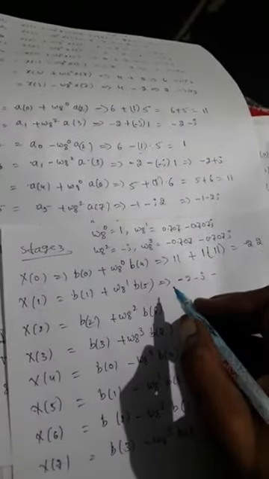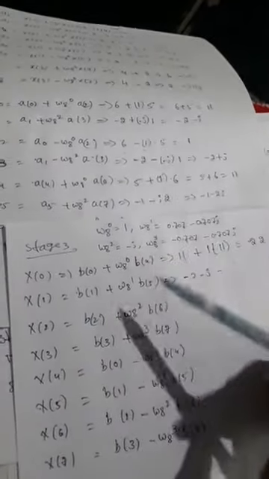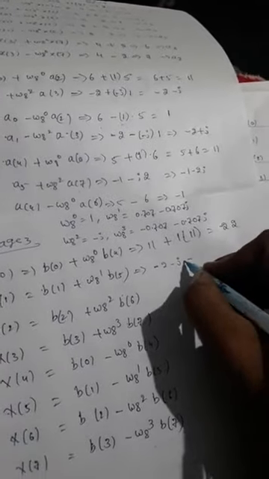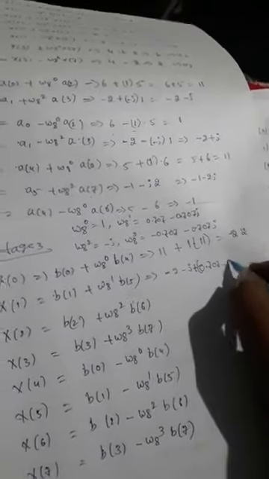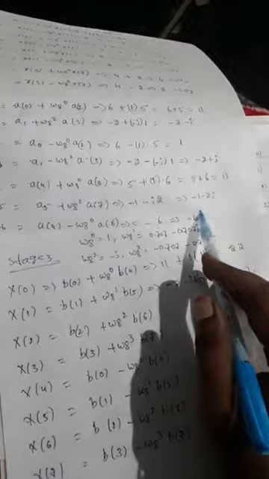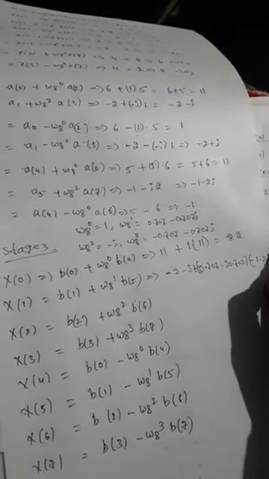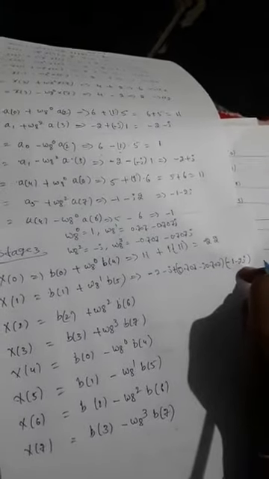Okay, see here, B of 1 value is minus 2 minus j plus WA to the power of 1 value times 0.707 minus j 0.707, and B5 value is minus 1 minus 2j. B5 value is minus 1 minus 2j.